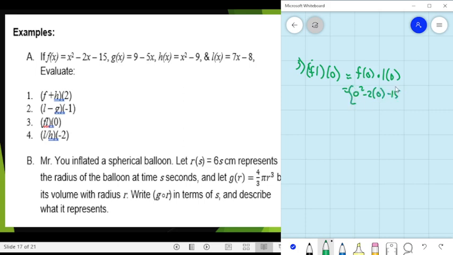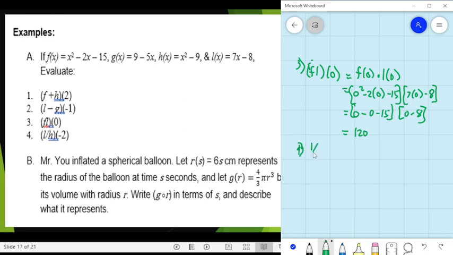And then the answer will be multiplied to L, so 7 times 0 minus 8. So this will be equal to 0 minus 0 minus 15 multiplied to 0 minus 8. So, negative 15 times negative 8 would be equal to 120 because we are now multiplying two negative numbers.